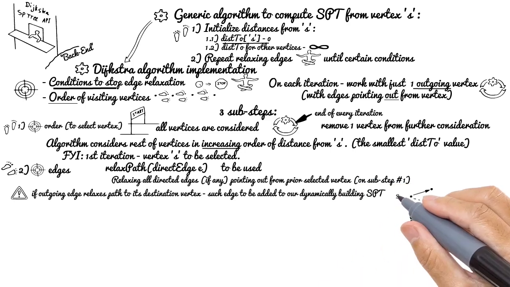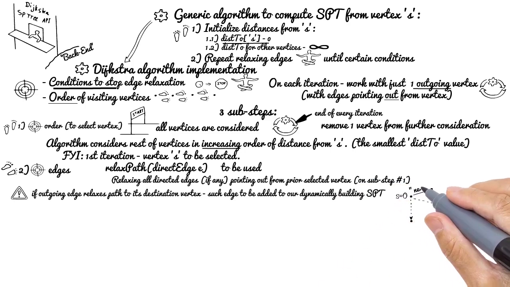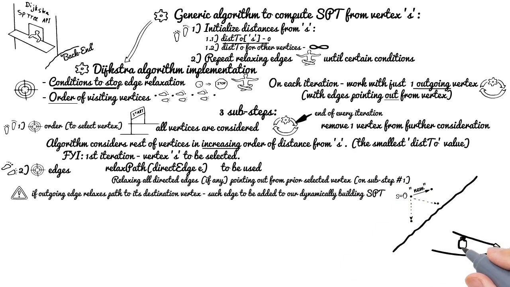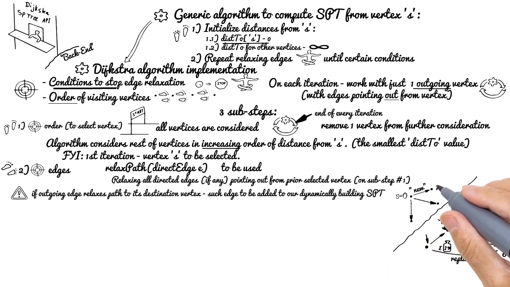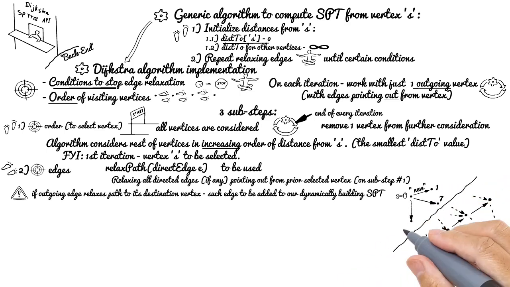Adding to SPT means it's either newly added or replacing another edge for the same destination vertex previously added to SPT. Remember, we discussed vertex 6 a minute ago and replaced edges a couple of times till the final one was found. For our graph, on the first iteration on this substep, we newly add all 3 outgoing edges from vertex S, since they all relax overall paths to respective vertices 1, 6, and 4.